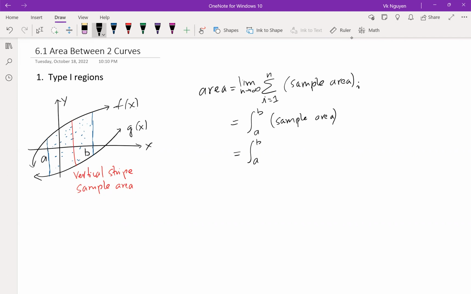You see that it is length and width. The length is the difference between the two functions. The width is the small change in x. And it will always be function above minus function below, or the upper function minus lower function.